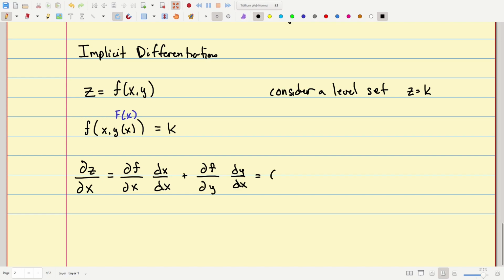And this has to equal 0 because on the right-hand side, the derivative of a constant equals 0.